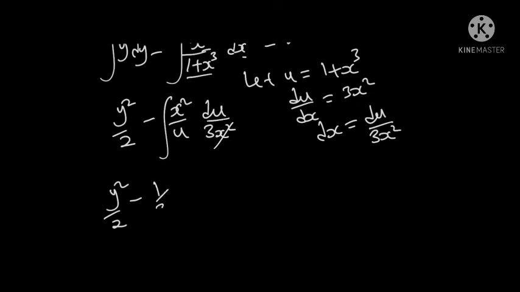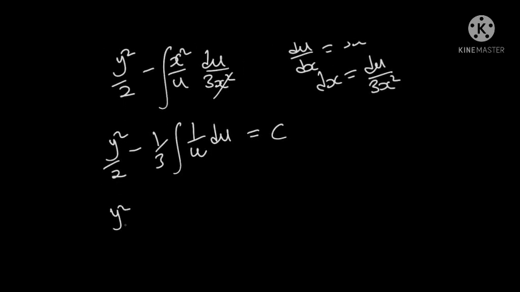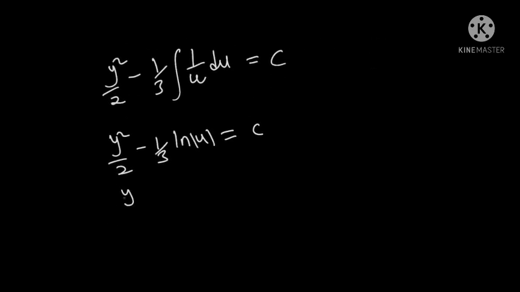We can pull out 1 over 3, integral of 1 over u du, and of course this must be equated to constant c. So we have y squared over 2 minus a third ln u equals c.